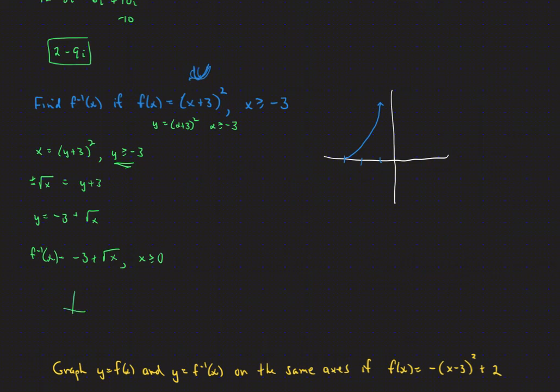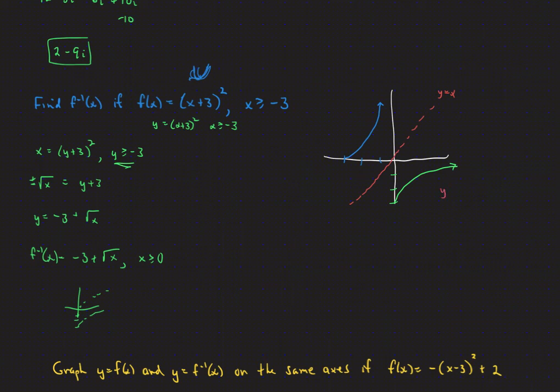Now, to graph that, we know that square root of x is the top half of a sideways parabola, so it's going to look something like that, and the negative 3 is going to translate it down 3. So we are going to try to go 1, 2, 3, and something like that. And it may help to see that they are, in fact, going to be reflections in the line y equals x.